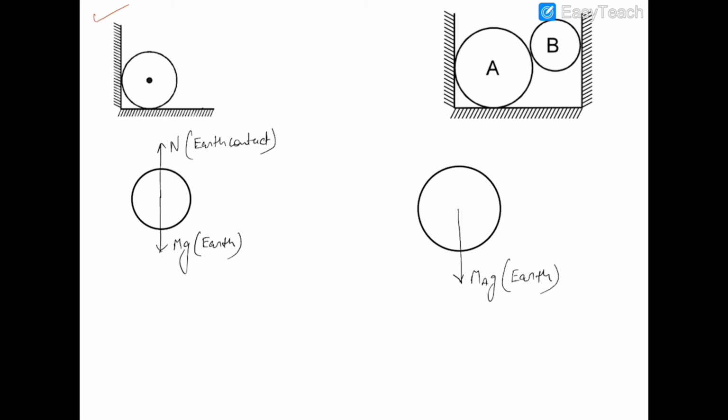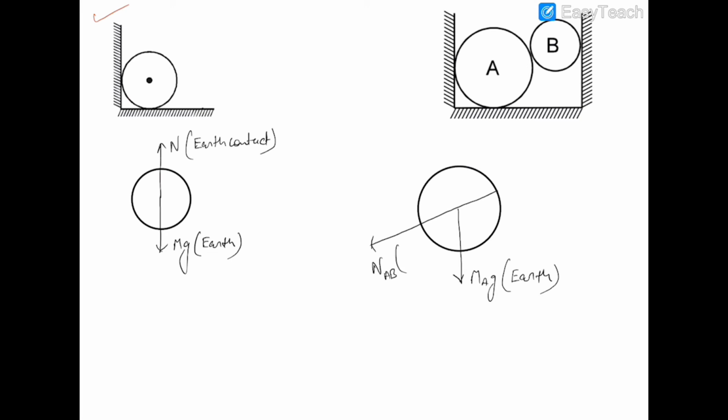And again ball B, as it is restricted by ball A from going down, will be pushing ball A normally like that. We have to consider that normal reaction always acts perpendicular to the contact. So if the contact is like that, the normal reaction will act like that, perpendicular to the contact. So we will again draw a normal reaction which is NAB.